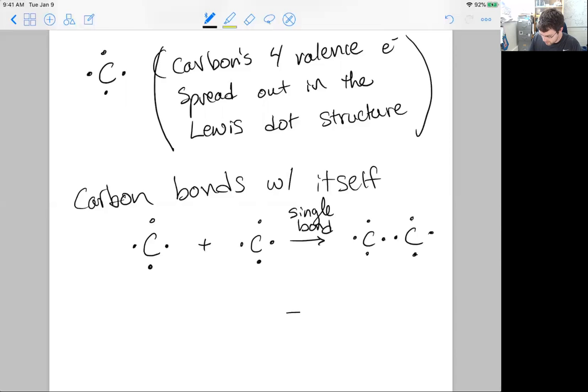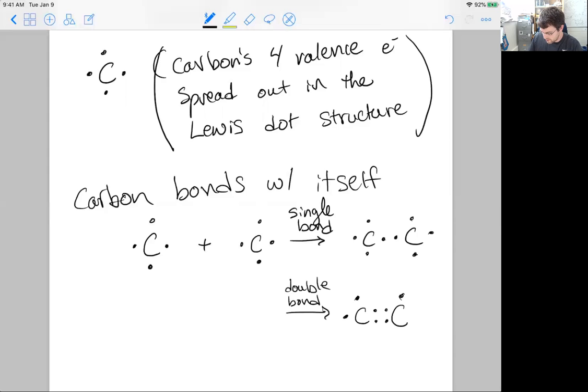We could even have a double bond, and in a double bond, we've got 2 electrons from each of the carbon atoms that are shared between the 2 elements.